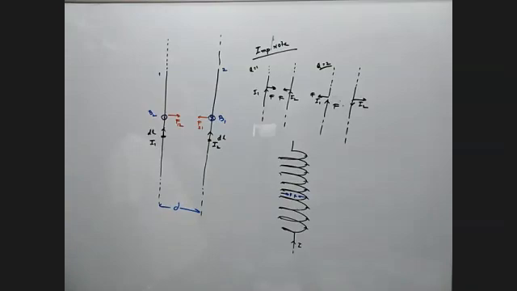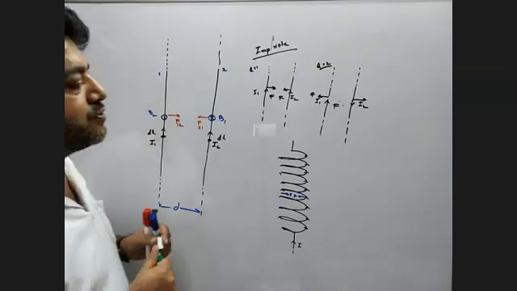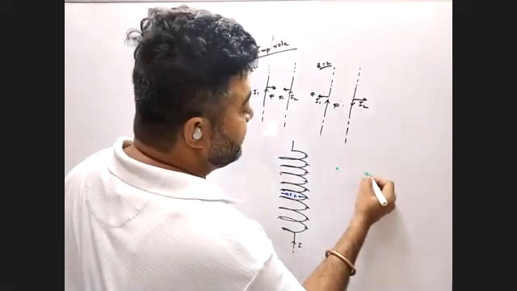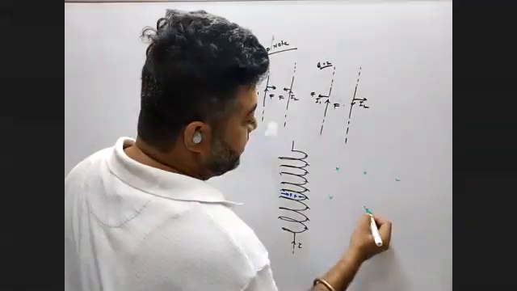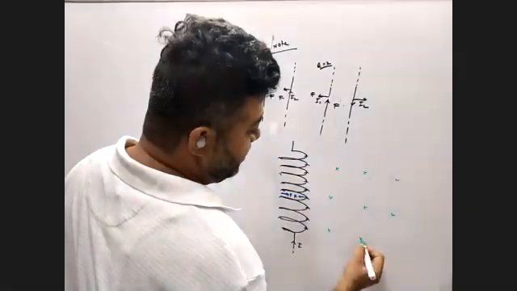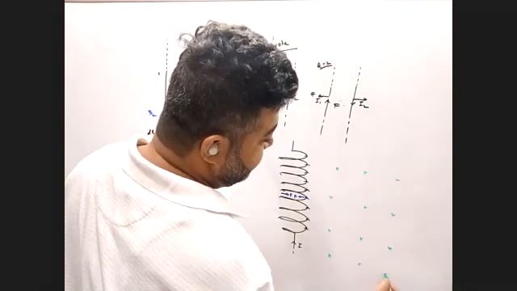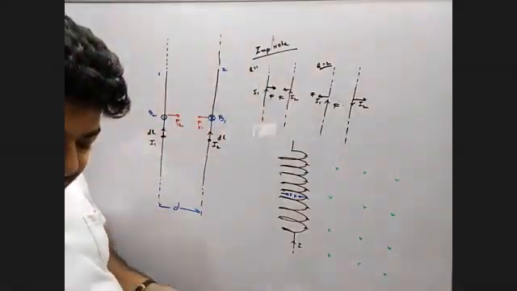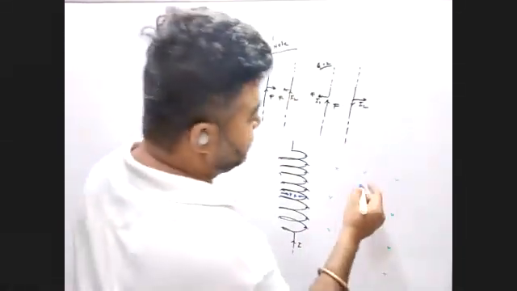And one more very important question the examiner can ask. Suppose this is my magnetic field, and in the presence of this field we introduce a loop like this.